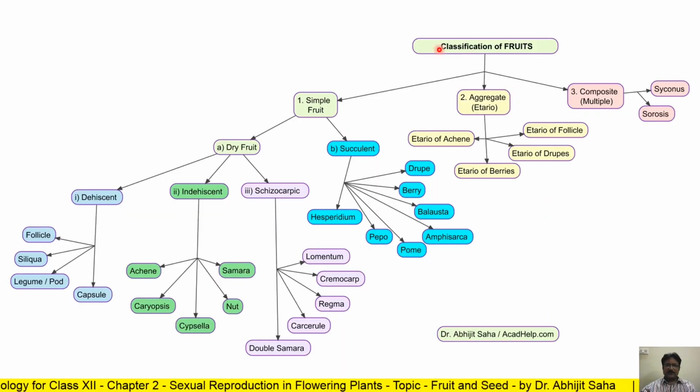Now we come to classification. This is a very detailed structure of the different types of fruits, though it is not required for this class, but just to give you an idea that fruit itself is a very descriptive subject.